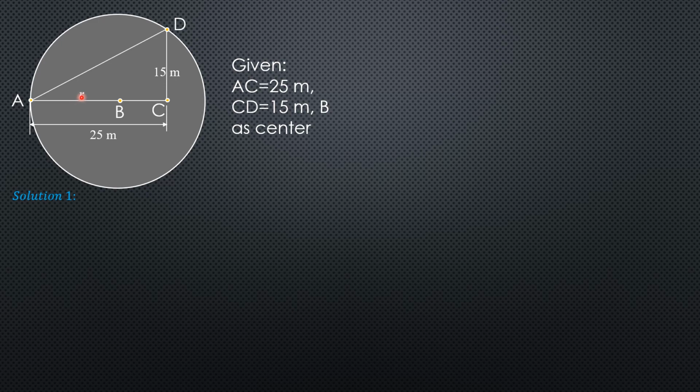So if you denote this by R, then BC would be 25 meters minus R. Then since B is the center of the circle, if we connect points B and D with a straight line, the length of that line is also equal to the radius of the circle R. So in this right triangle, we apply Pythagoras theorem.